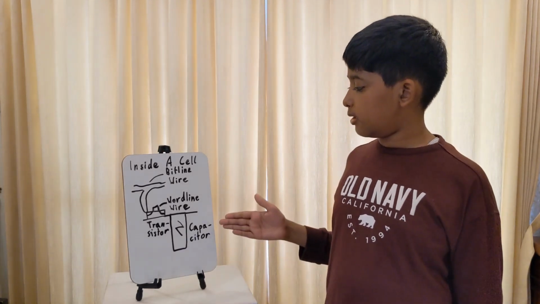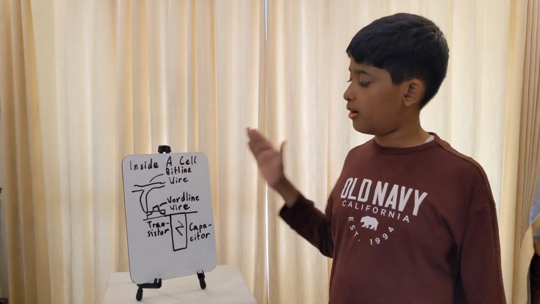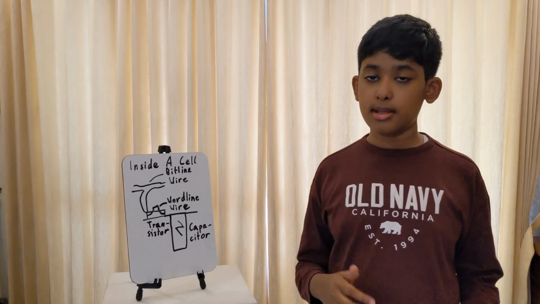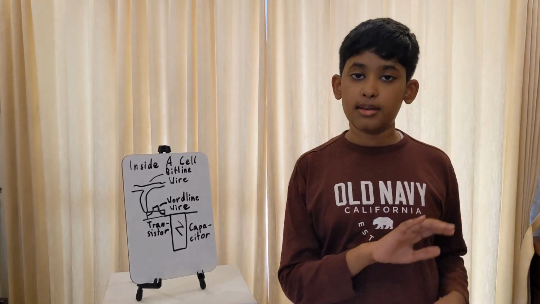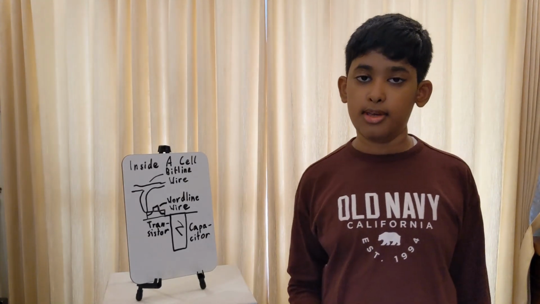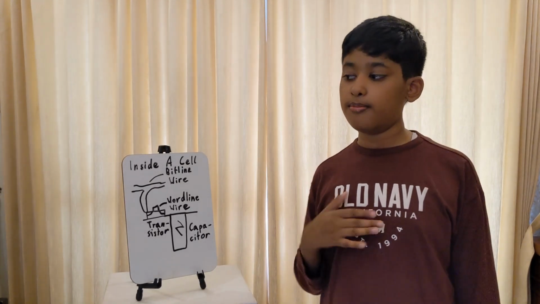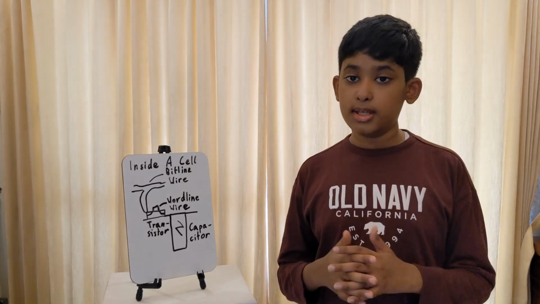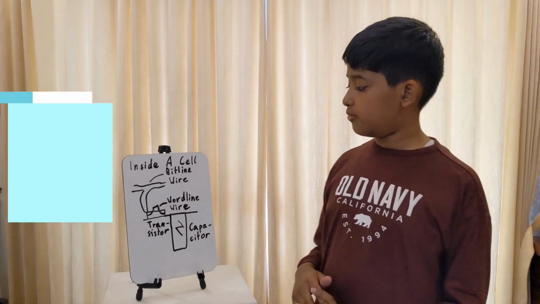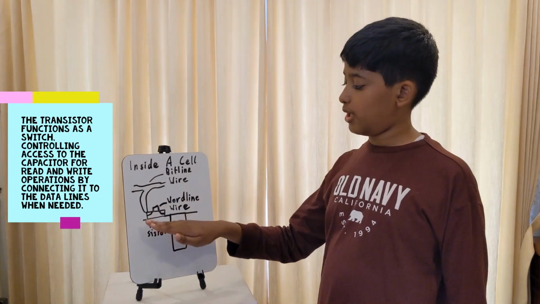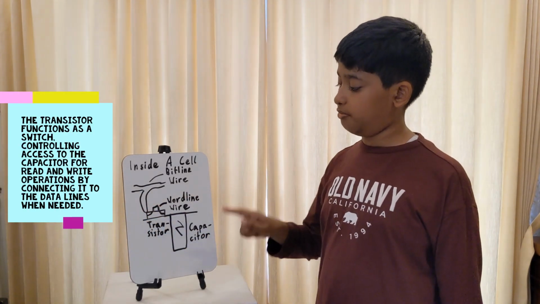But the capacitor can't be directly connected to a wire. If it were, then we'd constantly be reading and writing to every cell in memory. We need a way to specifically select which memory cell we are reading or writing to. This is where this transistor and wordline wire comes into play.